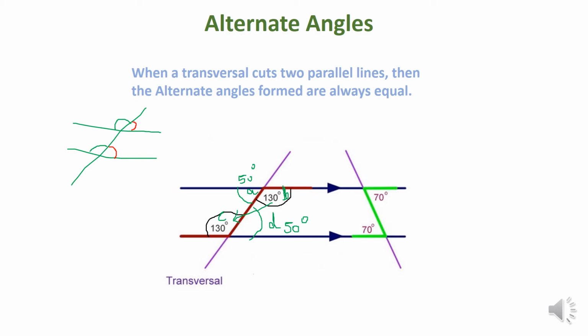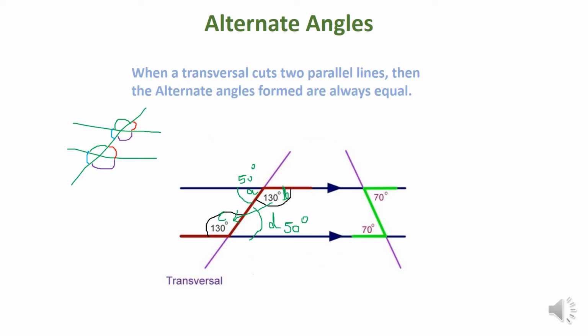We learned that, using a different color, this angle here on the bottom left is equal to this angle here on the bottom left, corresponding, right? We also learned that this angle here on the bottom right is equal to this angle here on the bottom right. Those angles are corresponding.